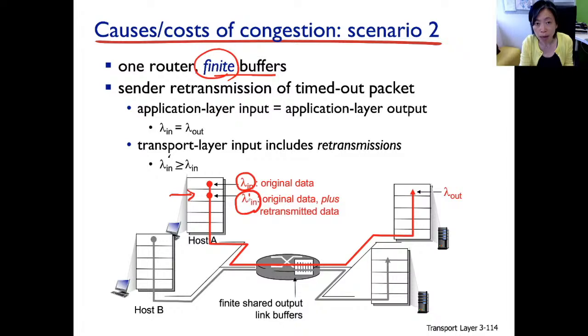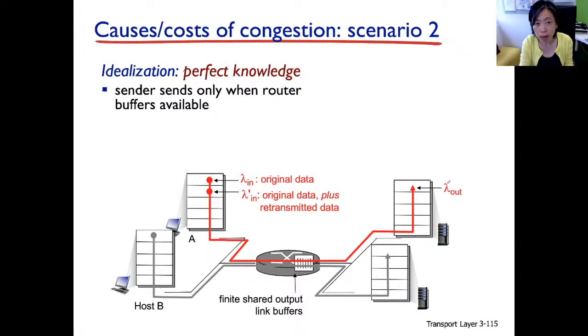Then lambda in prime should be greater than or equal to lambda in, because it should definitely contain the amount of data we need to send out, plus potentially retransmissions of some of this data. Lambda in, lambda out, the same thing. At the application layer, lambda in is going to be very much like lambda out. How much we send out, in the end, is how much comes out. And that was just to describe scenario 2.